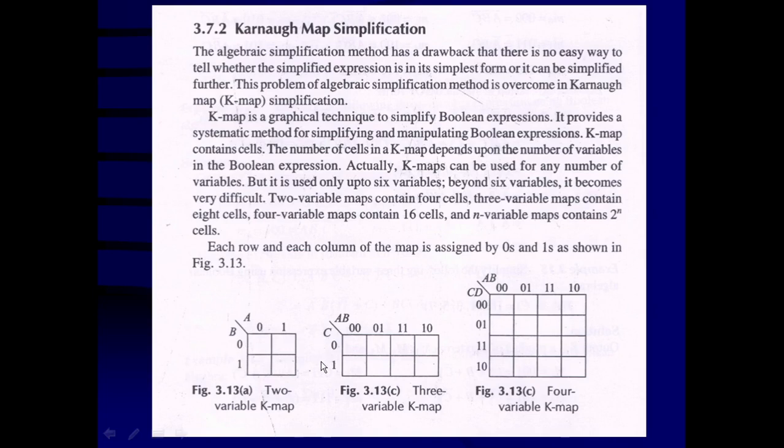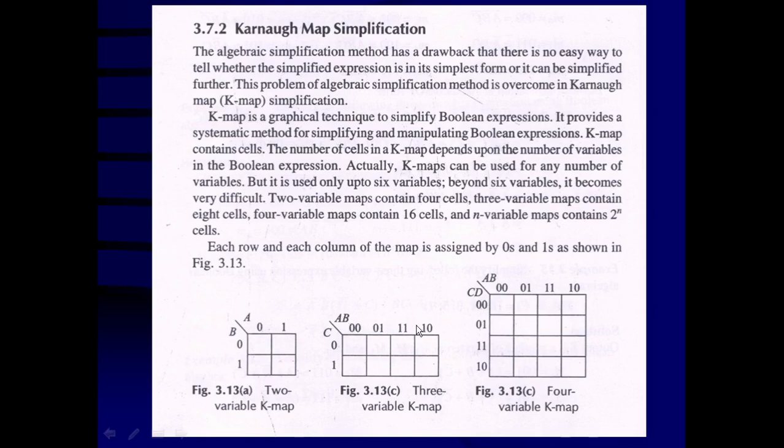If there is a 3 variable Carnot map, or a Boolean expression having 3 variables, the Carnot map can be represented like this. 2 variables will be taken in the horizontal direction, and they are going to be combined. So there are 4 combinations of the 2 variables, A B: A is 0, B is 0; A is 0, B is 1; A is 1, B is 1; and A is 1, B is 0.